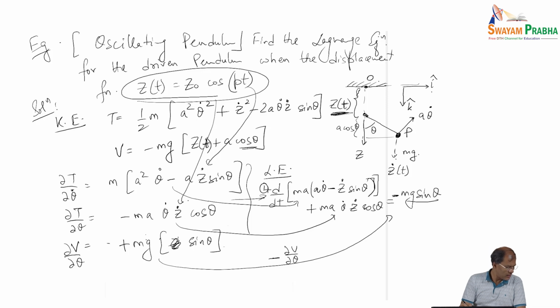Now, do we have any other Lagrange equation? It turns out that my only Lagrange equation is this one which I have listed, and t being an independent variable, it is not going to appear as a generalized coordinate. That is the point. The only generalized coordinate that we are worried about here is theta.